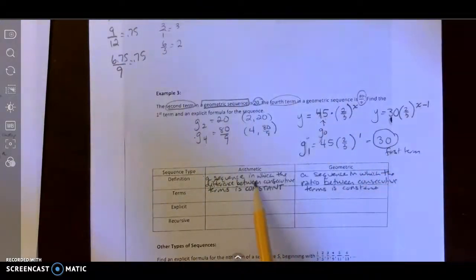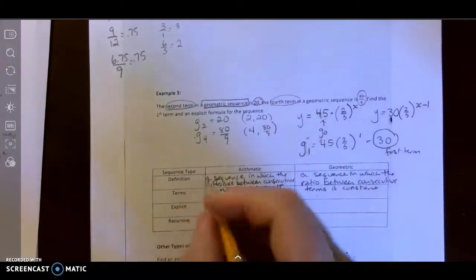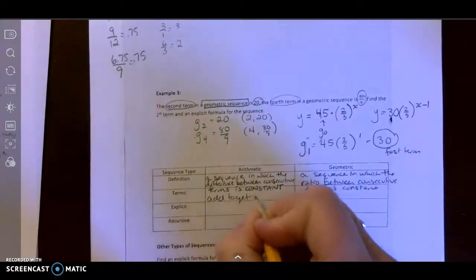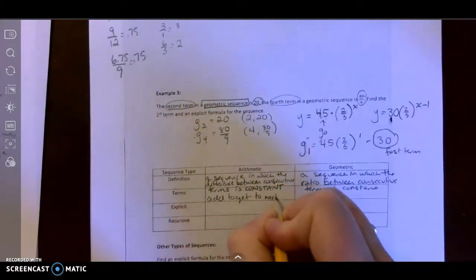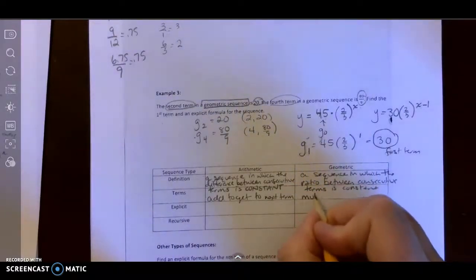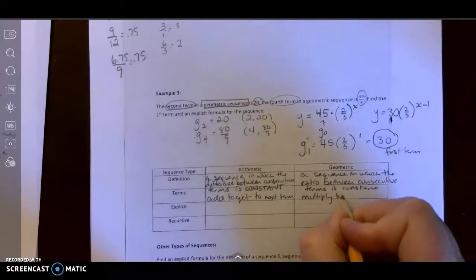So remember, I have term minus previous term. Here I have term divided by previous term. With arithmetic I add to get to the next term. And here I multiply to get to the next term.